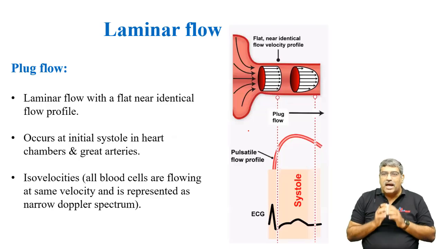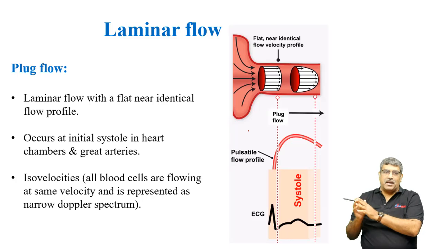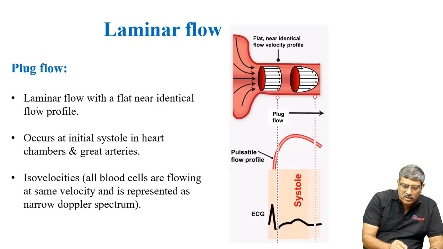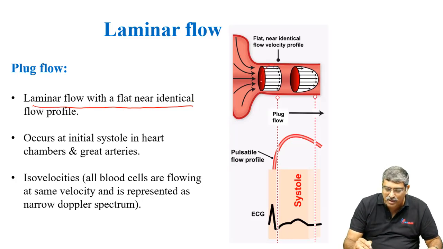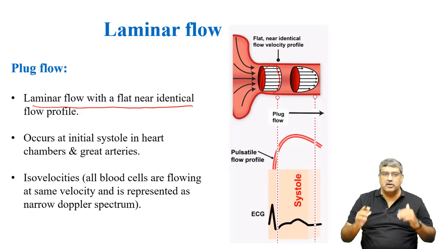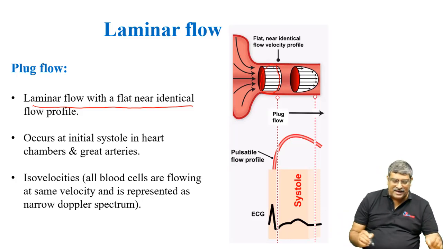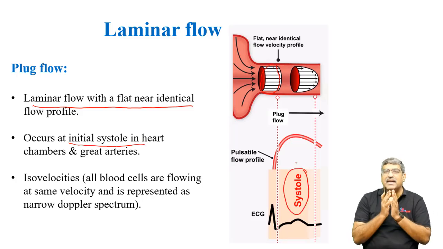So coming to laminar flow, again it can be plug flow or a parabolic flow. What is plug flow? It is a flat flow with near identical blood flow profile. All the blood will have the same velocity of blood flow and it occurs at initial systole in heart chambers and great arteries.